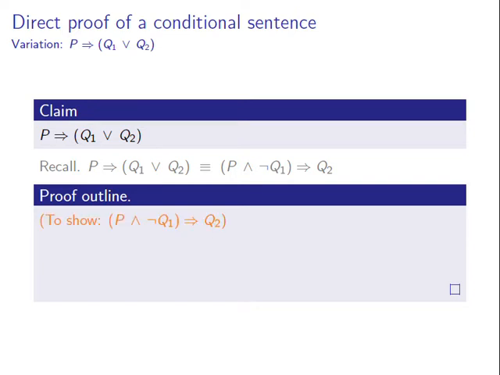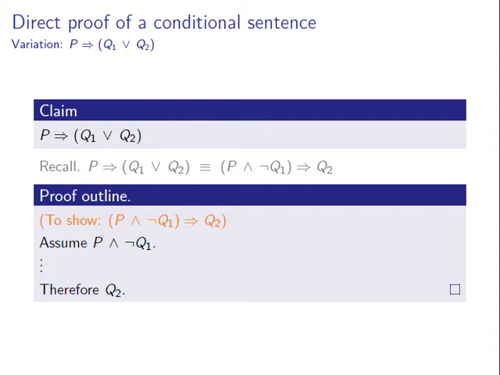Hence, to prove that P implies either Q1 or Q2, we need to prove that if both P and not Q1, then Q2. For a direct proof of this statement, we assume that the conditions P and not Q1 both hold and deduce Q2.